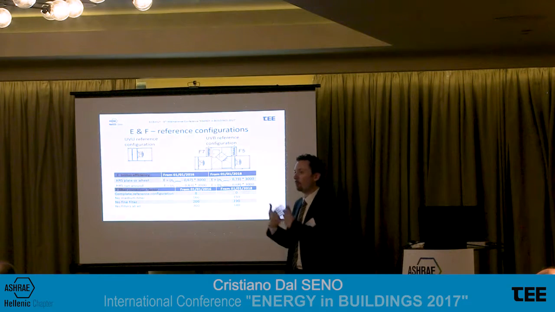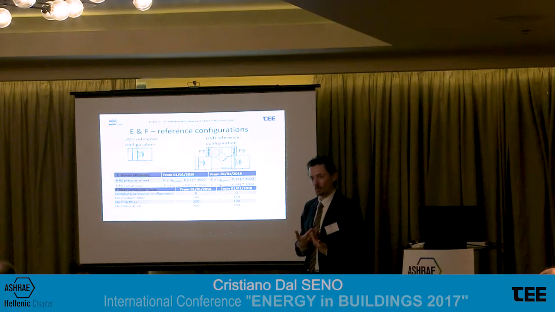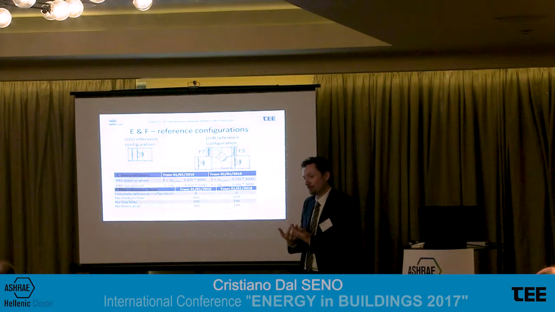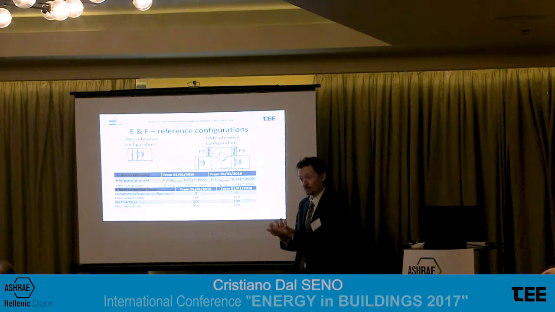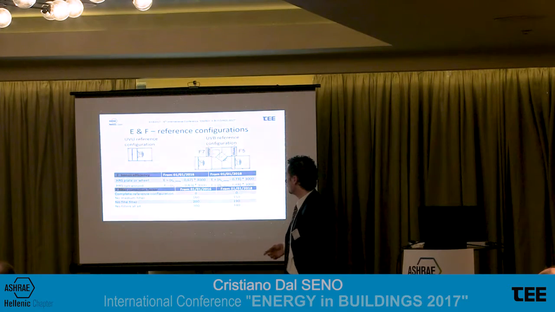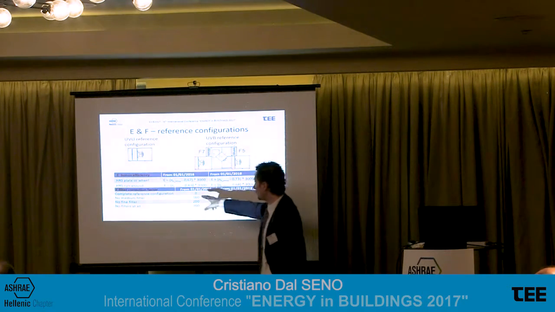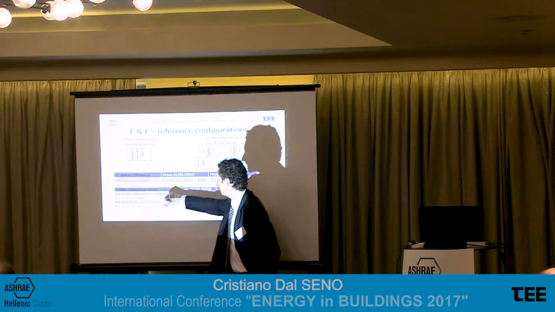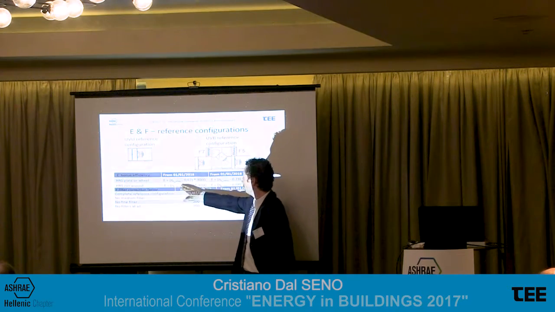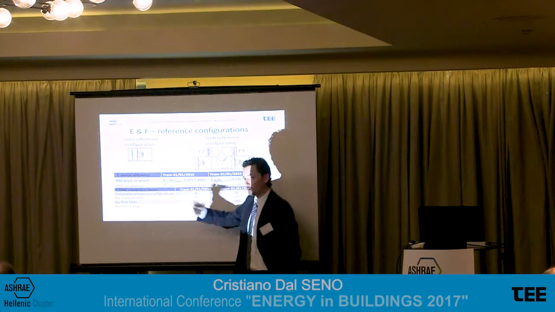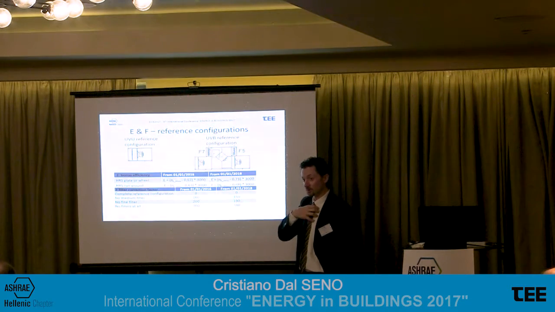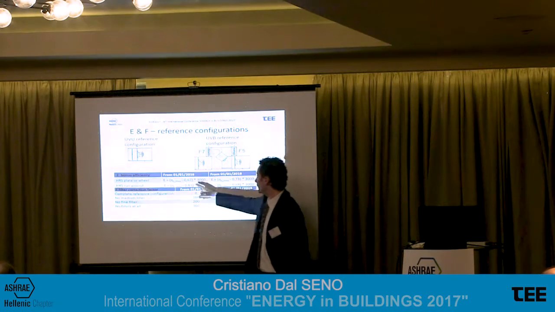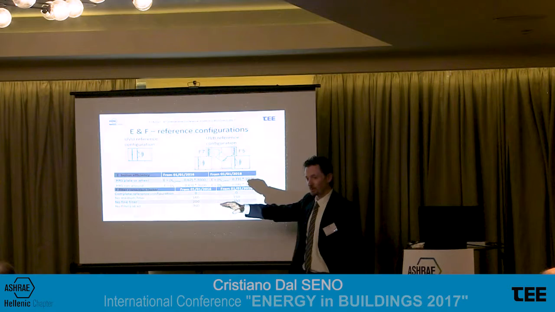If I'm giving more than what the norm is requiring, I should be paid back a bit about this fact that I'm trying to push on the efficiency of the heat recovery system. So, in this case, we have for plate or wheel and for runaround coil two formulas that are comparing the value of the efficiency of the heat recovery system we are supplying to the base value given by the norm.